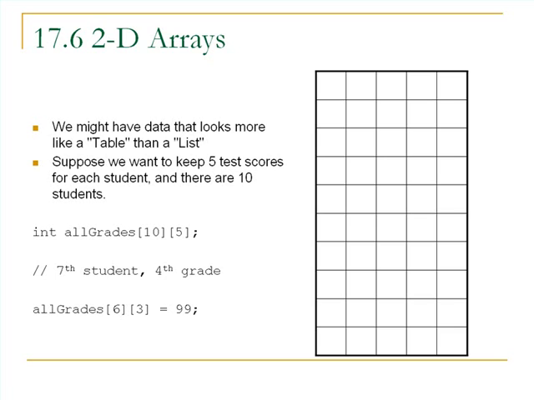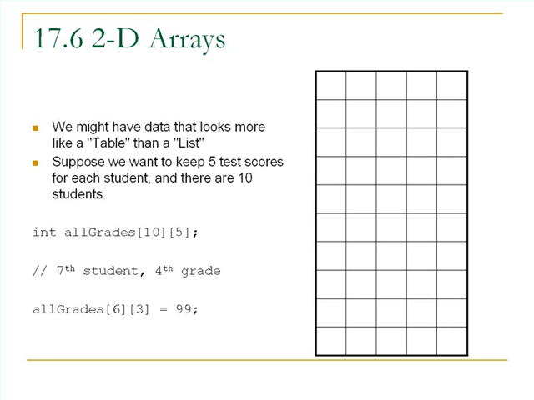This particular array, where each element in the array is an int, has 10 rows and 5 columns. So we might think of this as the rows representing students and the columns representing grades. So if you had 5 different grades, your row in this table would contain all of your grades.